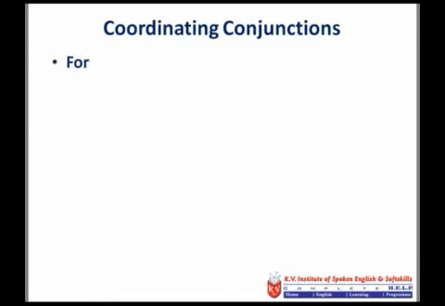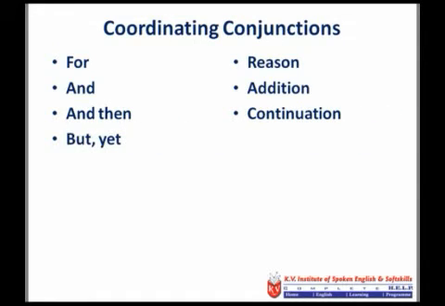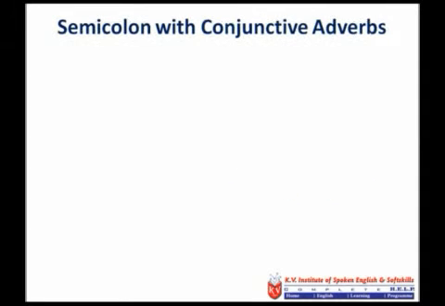For in a sentence is used for a reason, and is used for addition, and then is used for continuation. But or yet can be used for contrast sentences, or is used to join the clauses which have choice. So is used in the clauses which show result. Now let's see how we can join two independent clauses with a semicolon.